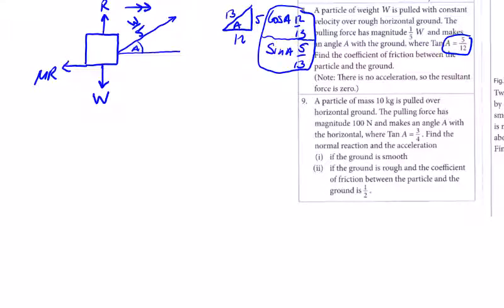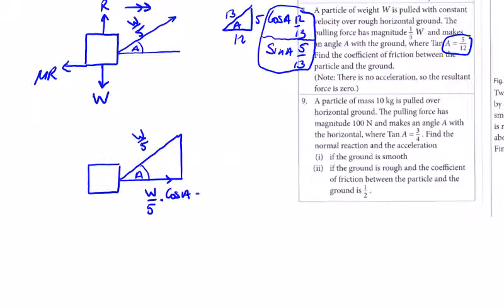So I'll do another diagram. So here's my particle. If I have W/5 in that direction, and I have an alpha inside the triangle, in this direction it's adjacent to alpha, so I'm going to have W/5 by the cos of alpha, which is equal to 12W/5, sorry, 12W/5 times 13, so 12W/65 is going in that direction.